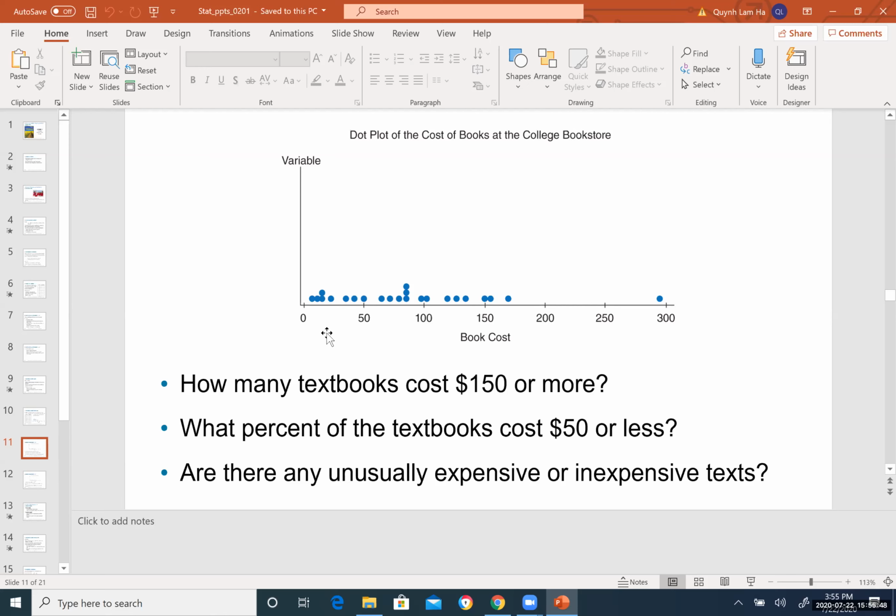Total 8 books. So in order to figure out what percent, you have to take 8 books divided by the total number of books. Since this book is very expensive, it's a bit hard for us to estimate the average of the books, but it's okay.